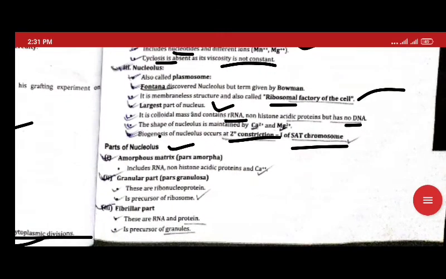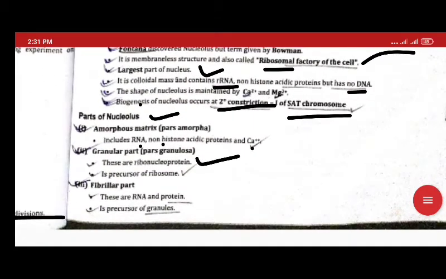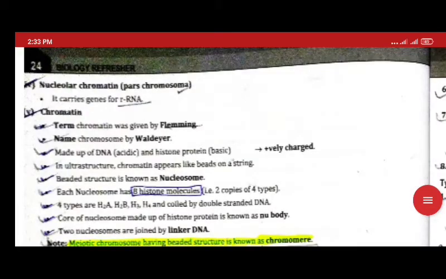The parts are the amorphous matrix, which contains RNA, non-histone acidic protein and calcium. Remember the granular part: the granular part contains ribonucleoprotein, and the fibrillar part contains RNA and protein, the precursor of the granules. Then we have nuclear chromatin.